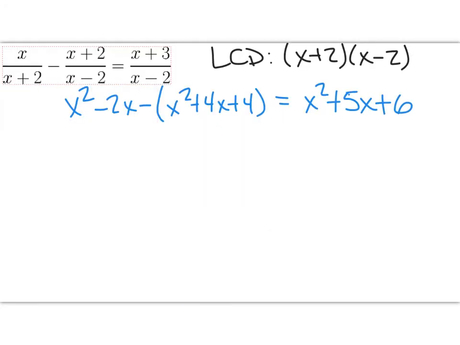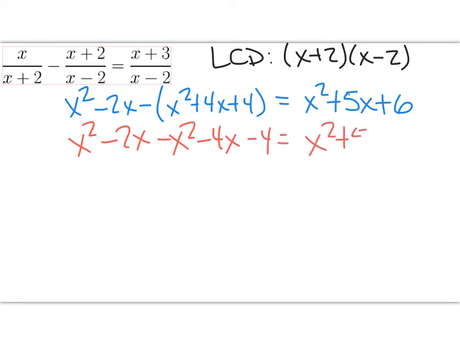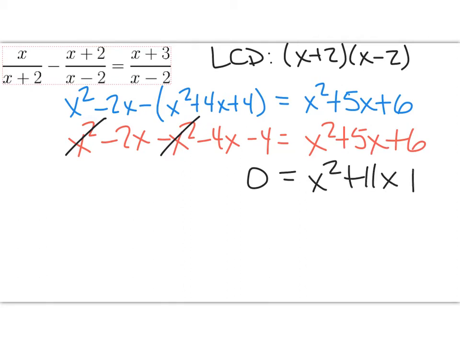So let's go ahead and distribute that negative sign. X squared minus 2x minus an x squared minus 4x minus 4 equals x squared plus 5x plus 6. Conveniently enough, x squared minus x squared are going to drop out, and we are left with the quadratic equation x squared plus 11x plus 10.